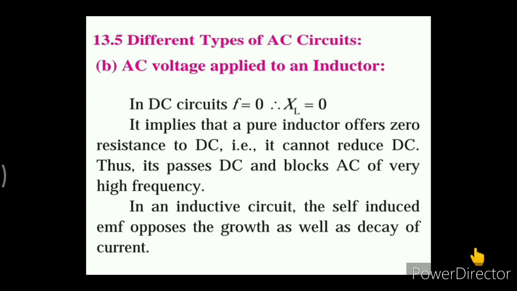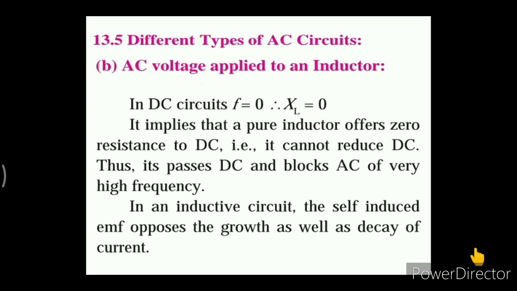That means the value of XL is 0 in DC, which implies that a pure inductor offers 0 resistance to DC. There is no opposition offered by the inductor when it is connected to a DC source of supply.